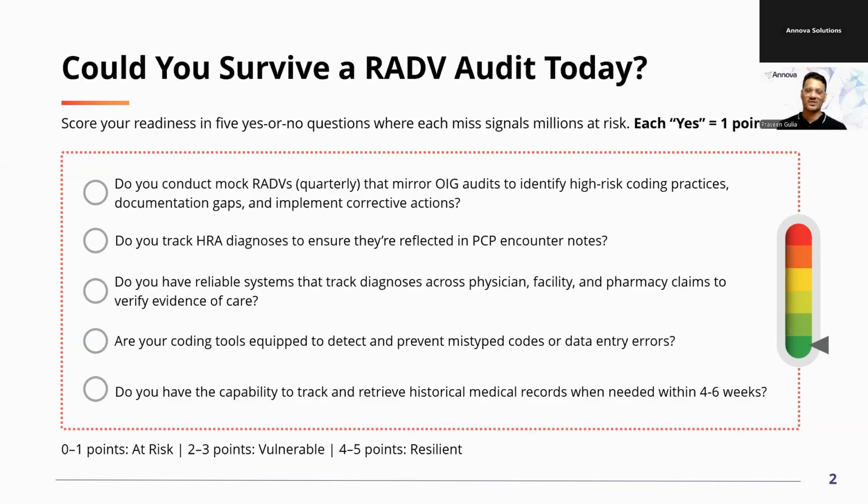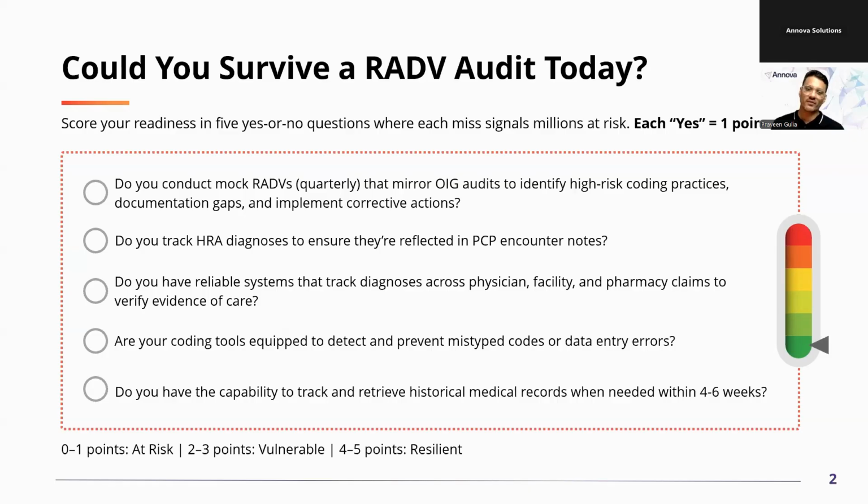I'll briefly explain the points that are here. Mock RADVs are becoming quite popular today, and for good reason. They are an excellent way to mimic regulatory audits, evaluate readiness, and take corrective actions before it's too late. On the other hand, HRAs, health risk assessments, are quite notorious of late.